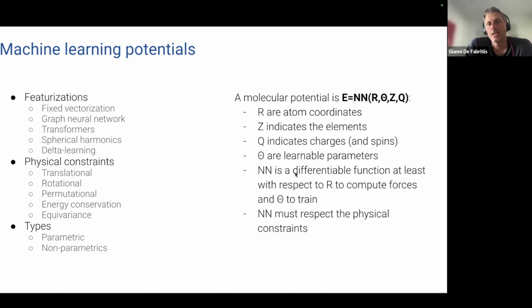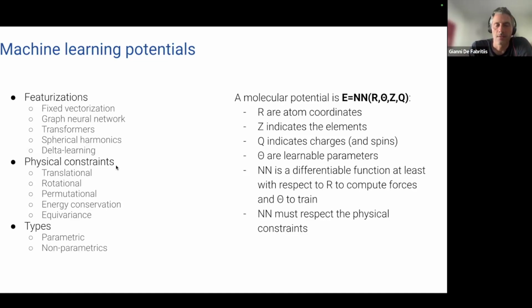Historically, the way this has been worked on, you could start from 3D coordinates, then some fixed vectorization. You could have graph neural networks, transformers, spherical harmonics, and also delta learning, when you actually do some quantum mechanics, like semi-empirical, and then you use the neural network to fix the difference between some accurate quantum mechanics and some less accurate quantum mechanics.